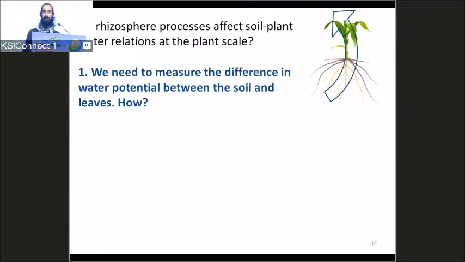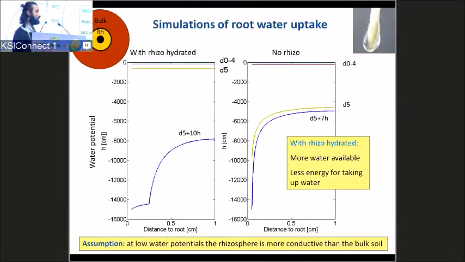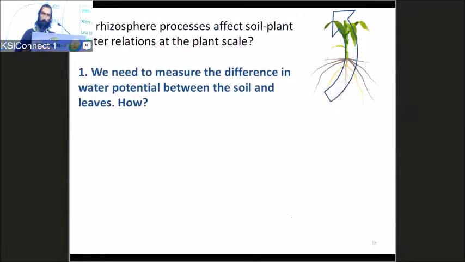Well, you need to measure it. What do we need to measure, by the way? These gradients in water potential change within a millimeter. We don't have an instrument that measures gradients in water potential in a millimeter. The instrument is bigger than the gradient, so it doesn't work.